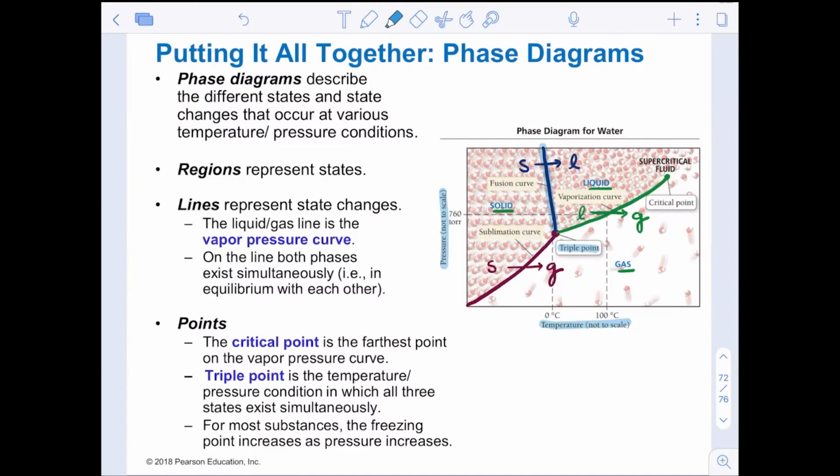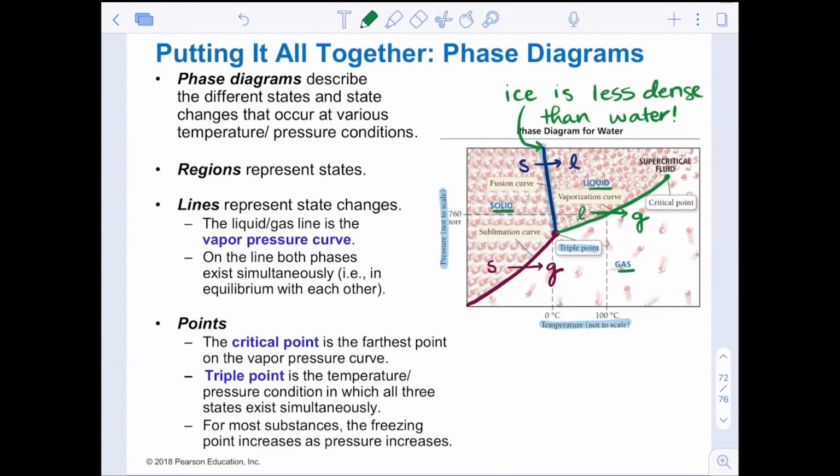But why water goes backwards is because, remember, ice is less dense than liquid water. And that's why we see a negative slope of the fusion curve.